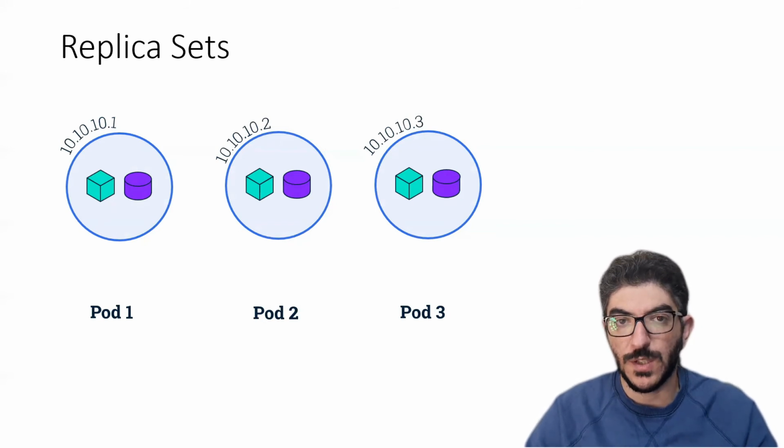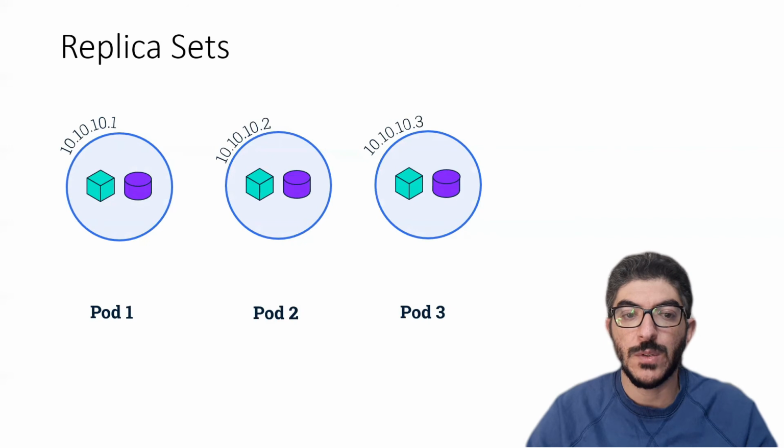It will create those 3 pods at the beginning, and then it will keep monitoring these 3 pods. If one of them goes down, the pod will be killed automatically and another pod will be created, maybe with a different IP. So the replica set has a controller that is running all the time, trying to make sure that we are in the desired state.